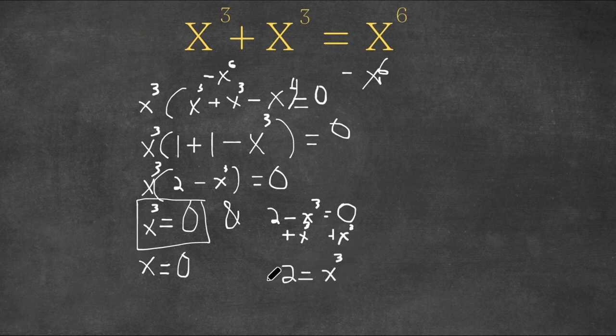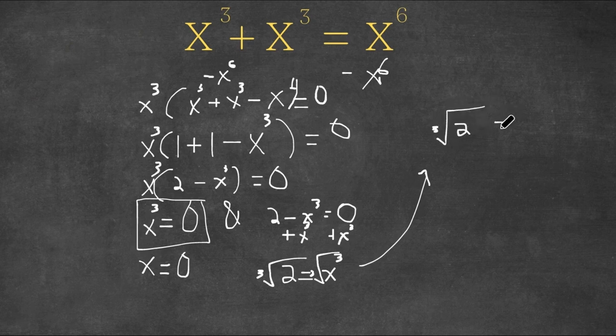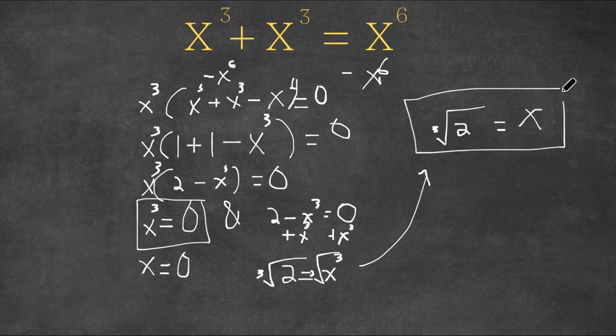And now if we take the cube root on both sides to cancel out this exponent, we get the cube root of 2 is equal to, well, the cube root of x to the power of 3 is simply just x. So this is another solution to this equation. Both of these are solutions to this equation.